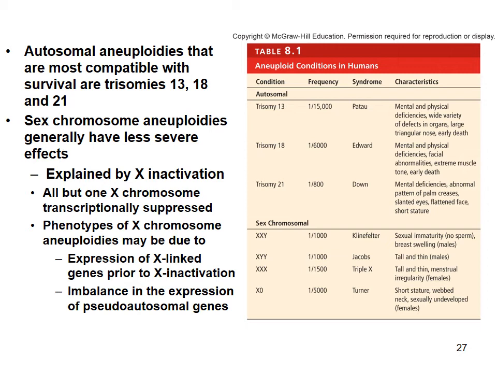We do see, though, that the patients will develop some mental deficiency. Usually there tends to also be some abnormalities when we take a look at some physical contributions, some facial deformities. So there are some phenotypical abnormalities that we see.